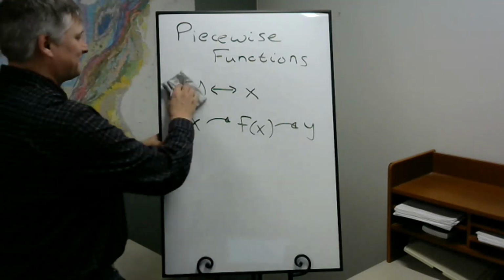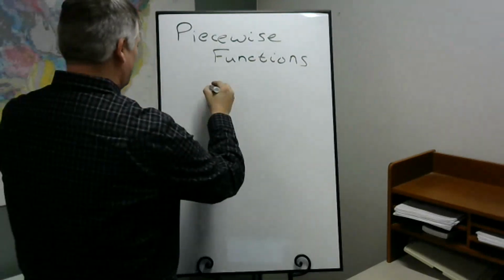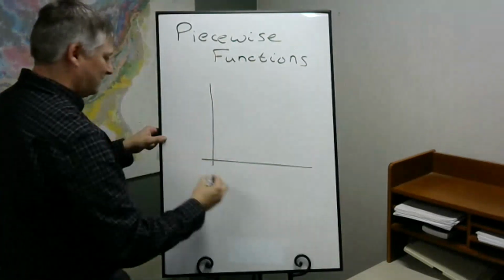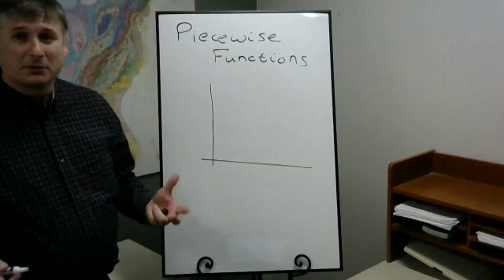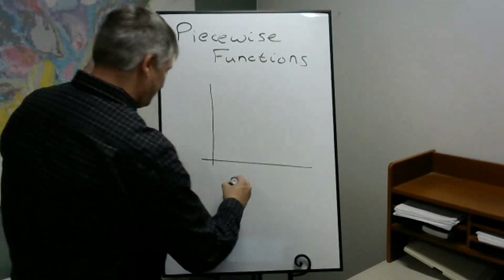Let me illustrate. Let's say you have a friend and you get to know each other over time, and we call that familiarity.